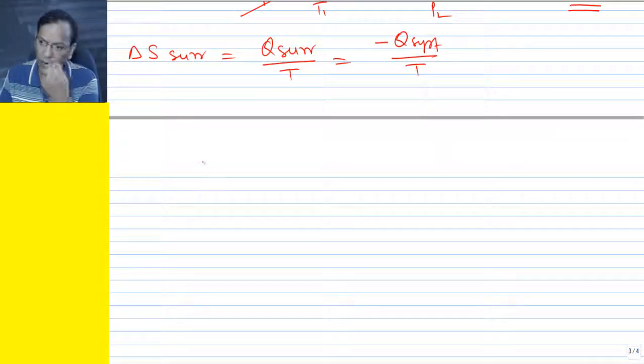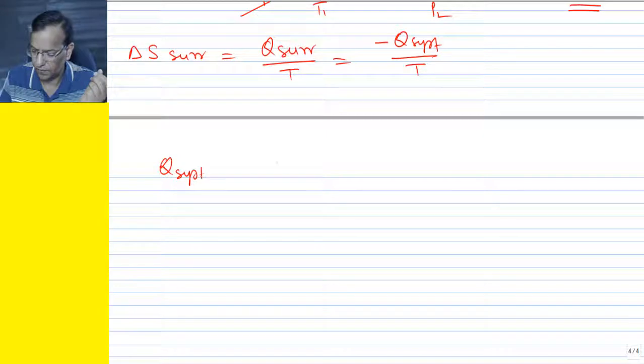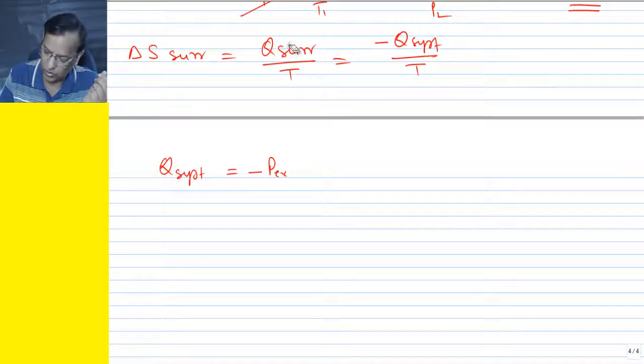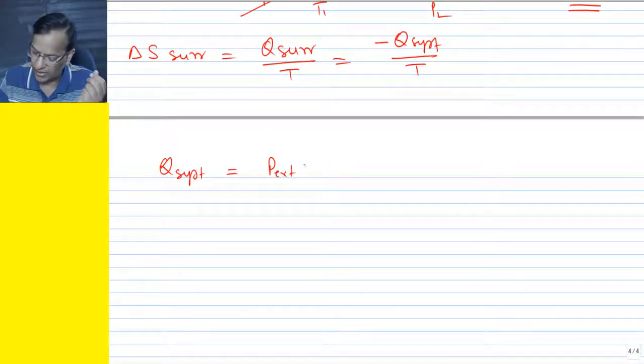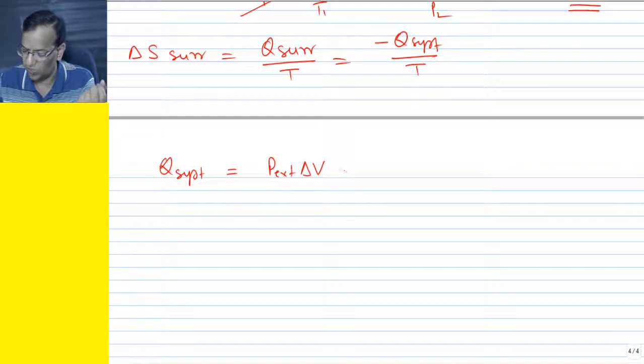So according to first law, in irreversible isothermal process, Q system is equal to minus W, which is P external delta V, and delta V is V2 minus V1.